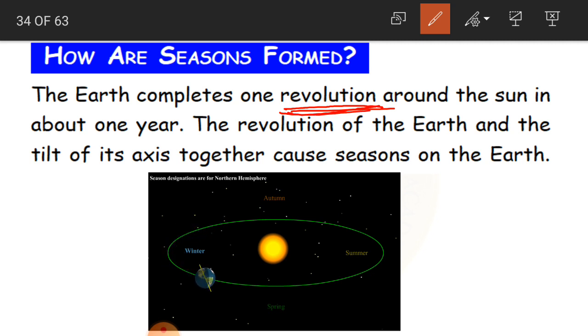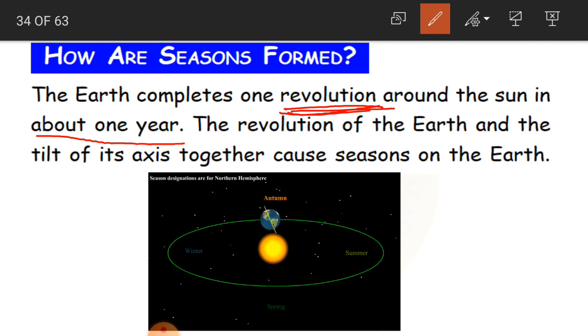Okay, children, so earth is also rotating, and at the same time it is also revolving around the sun, and to complete one revolution around the sun, it is going to take 1 year, completely 1 year, that is 365 days.